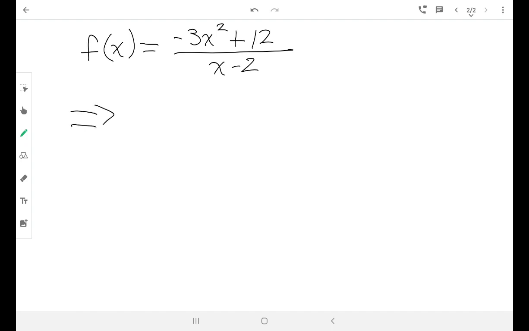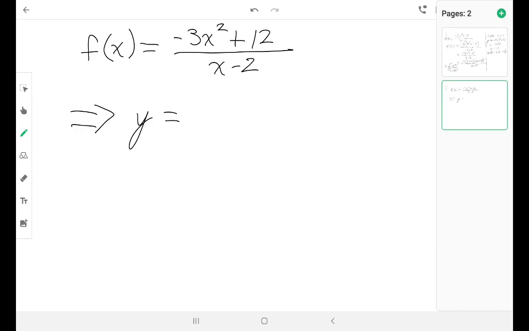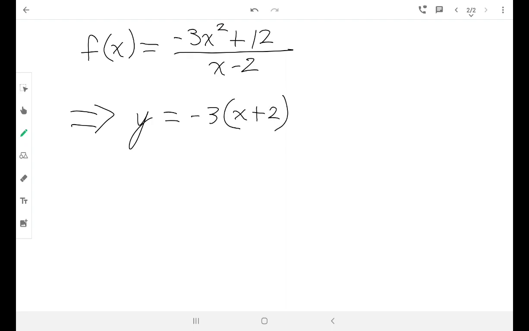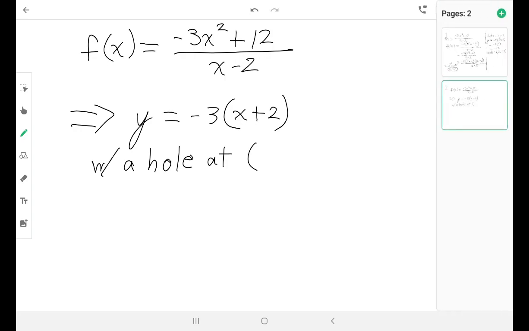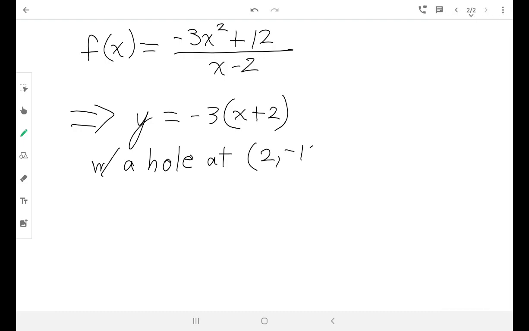But then we simplified it to y equals negative 3 times the quantity x plus 2, with a hole at 2, negative 12.